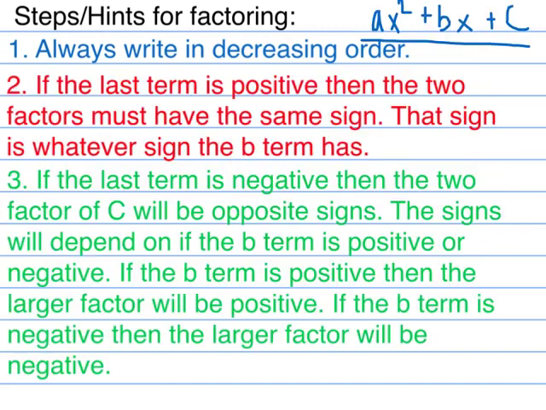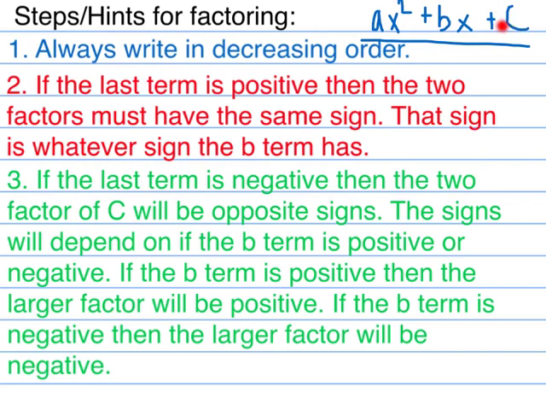Okay? The last little hint here has to do with if the last term is negative. So if our c here is a negative, so a minus c, then the only way you can get a negative is if you have a positive times a negative. So you must have opposite signs. The signs will depend on if the b term is actually positive or negative.